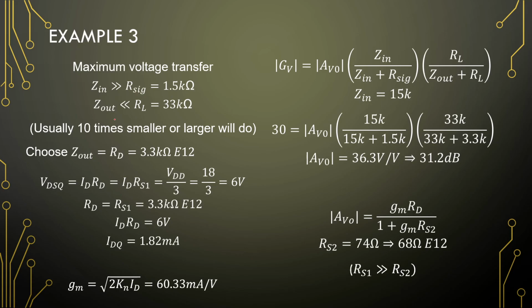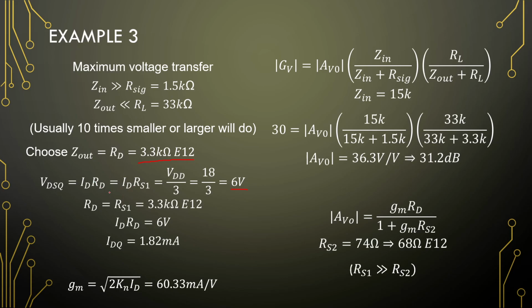So choosing our resistors, RD will be 3.3 kilo ohms and Zin should be 15 kilo ohms in the end. Dividing 18 volts by 3 gives us 6 volts. So that is to satisfy our three voltages being the same.